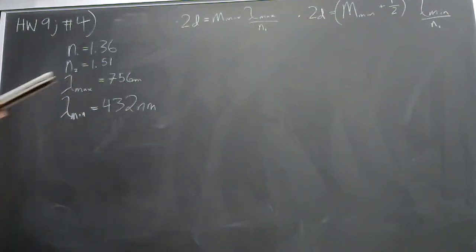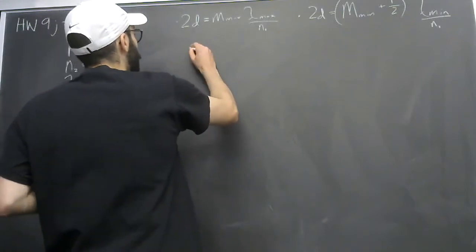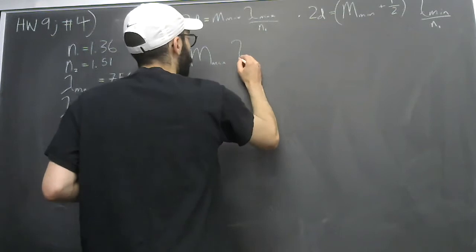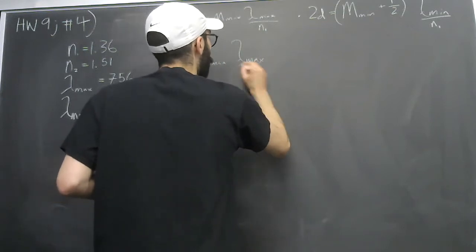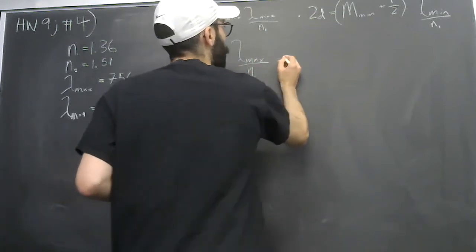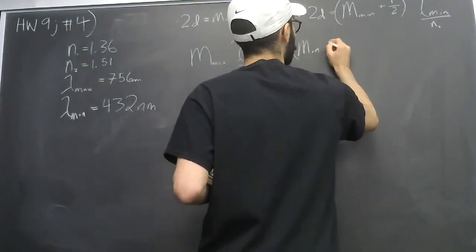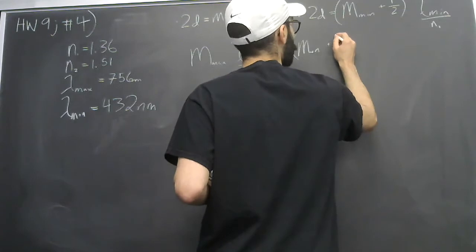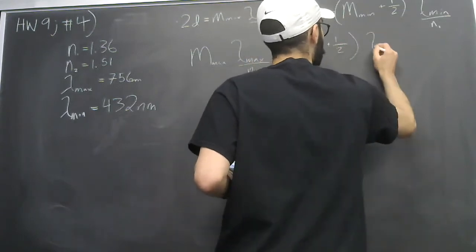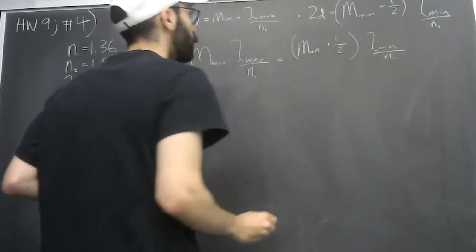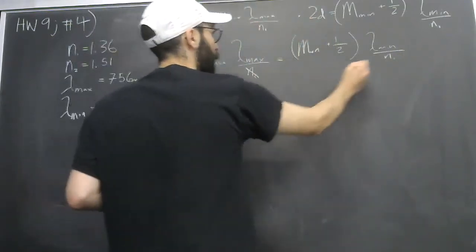The next thing, if you have a good eye, is that we can set these equal to each other, because they're both equal to 2d. So we set m max lambda max over n1 equal to m min plus 1/2 times lambda min over n1 also. Right off the bat, we can cancel out these n1s.